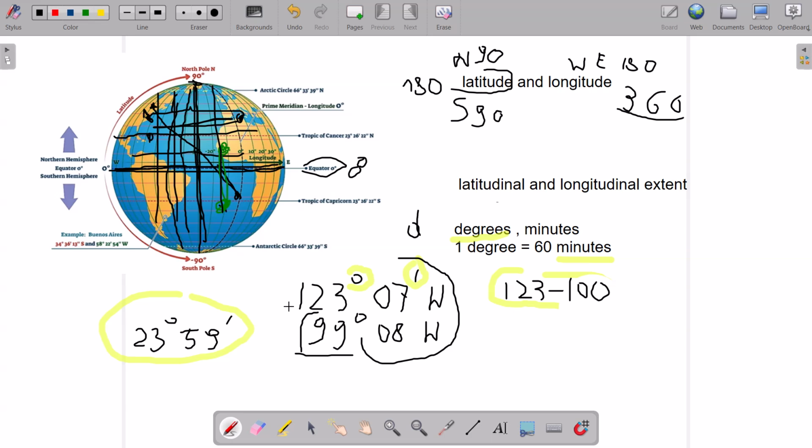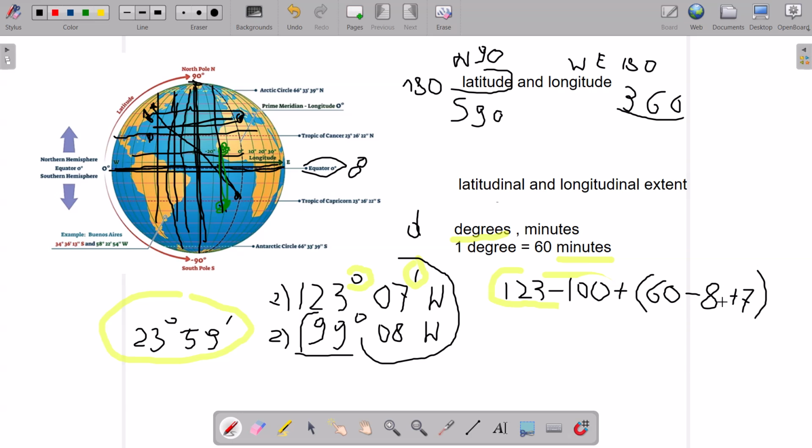So this is number 1, first value of the point. This is the second one. So here we minus 100, and then I do plus minutes, and in the bracket we can write 60 minus 8 plus 7.